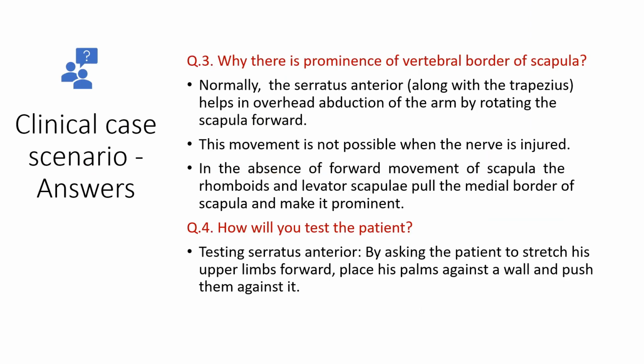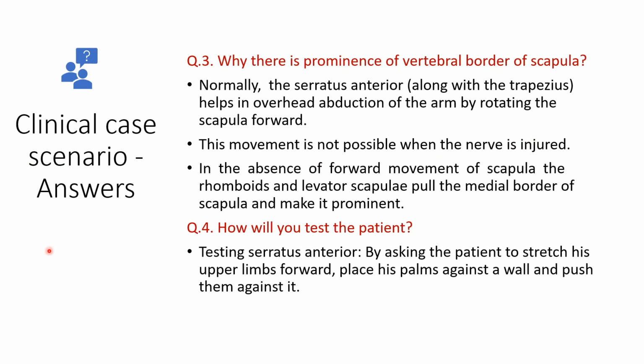Then why is there prominence of the vertebral border of scapula? Normally, the serratus anterior along with trapezius helps in overhead abduction of the arm by rotating the scapula forwards. This movement is not possible when the nerve is injured.